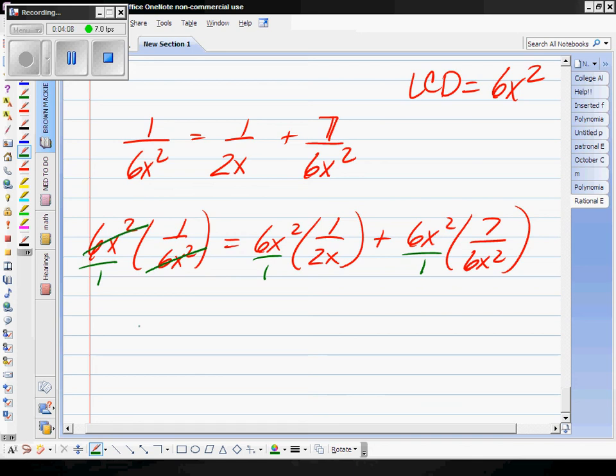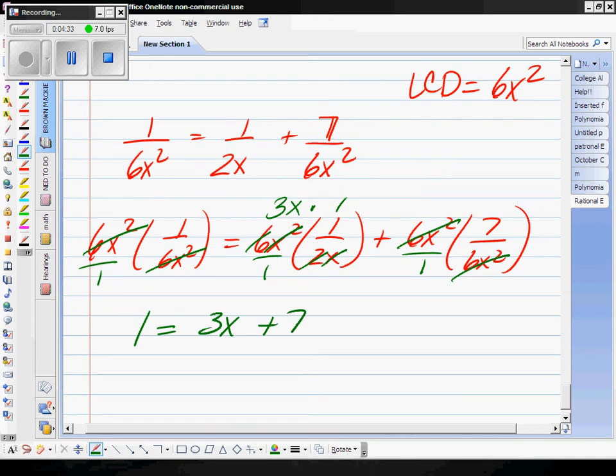Here, the whole 6x squared cancels out and I'm left with 1. Then, I say 2 can go into 6 3 times, and one of these x's cancel out, so that'll be 3x times 1, which will just leave you with 3x. And then 6x squared and 6x squared cancel out, and that just leaves you with plus 7.